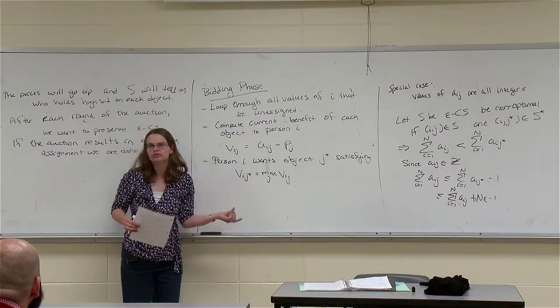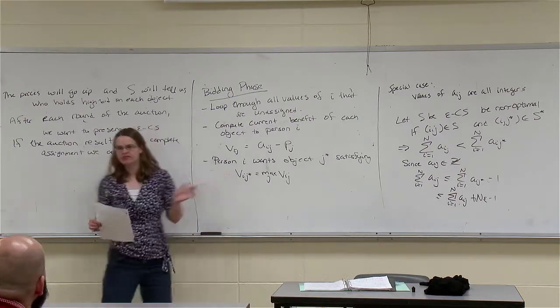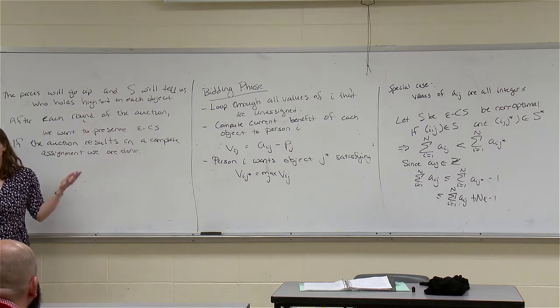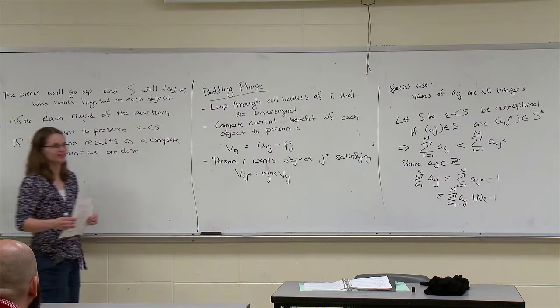That's what I want the most. But now I have to decide how much I'm going to bid. So the price has to go up. I can't bid under what the current bid is.